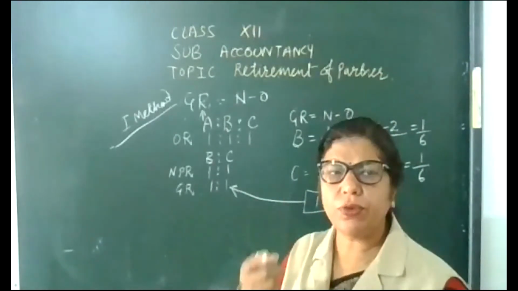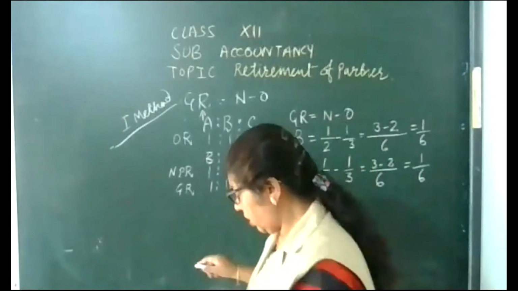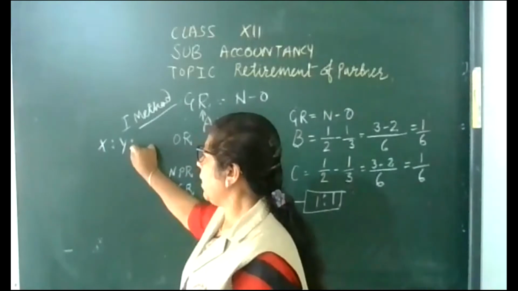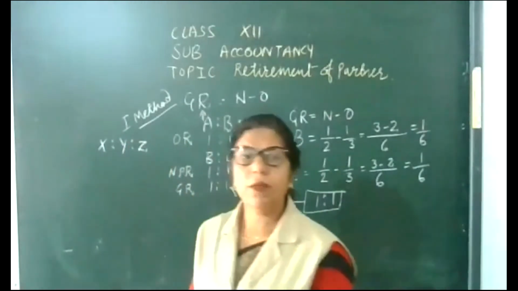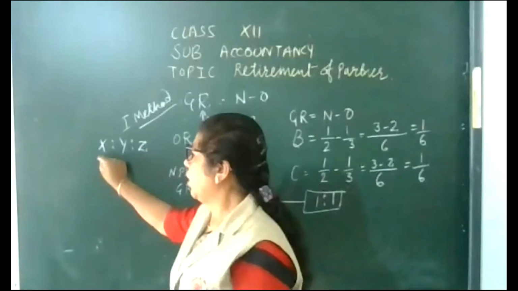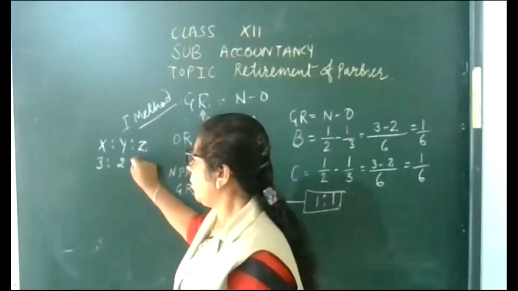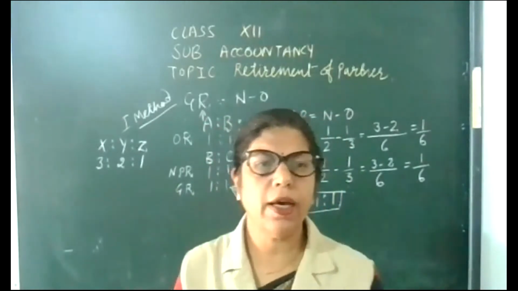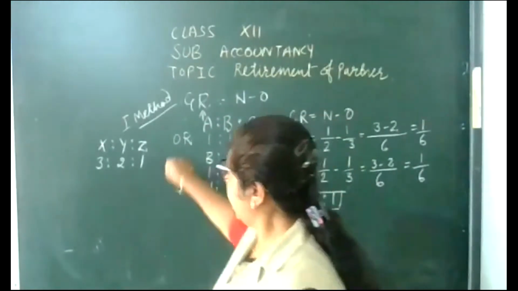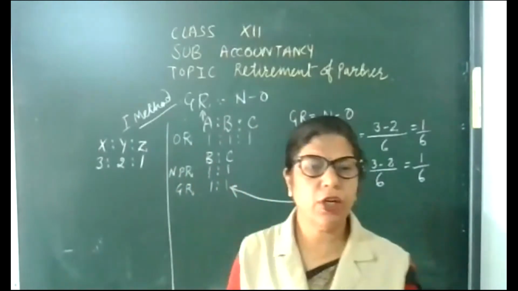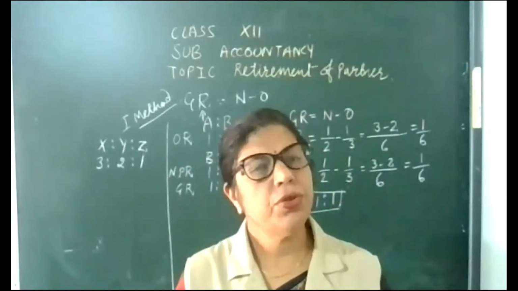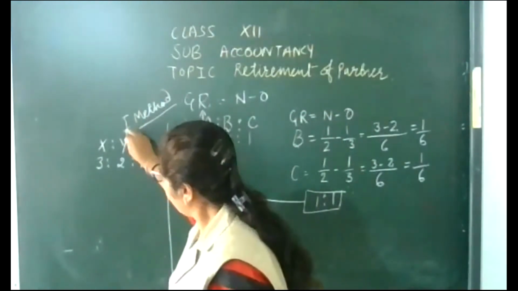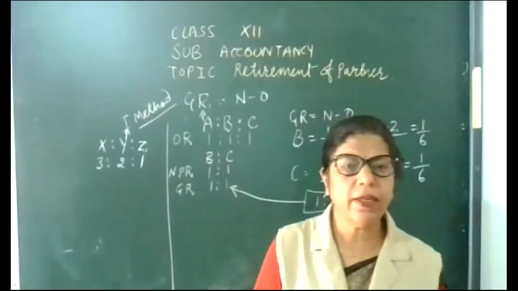Now I am giving you one question, my dear children. Note down: X, Y, Z are partners in the ratio 3:2:1. Now Y retires. Who is the retiring partner here?